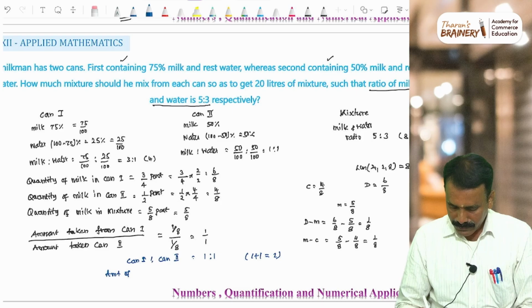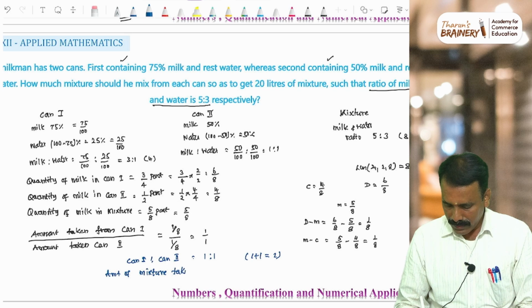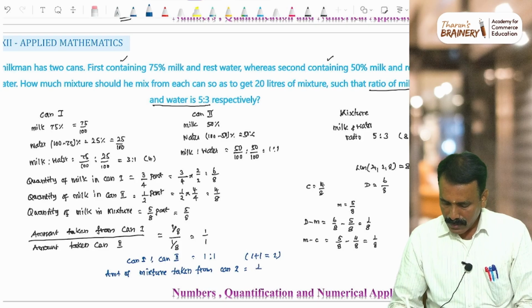So the amount of mixture taken from can 1 is equal to 1 by 2 into 20, that is nothing but 10 liters.